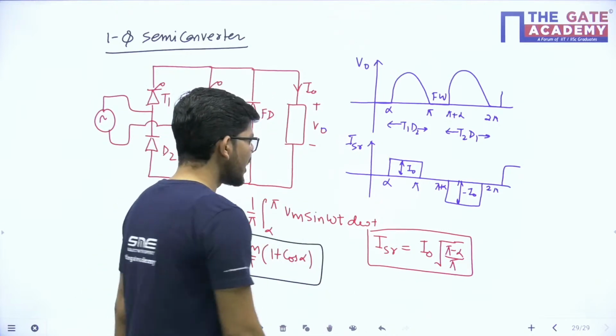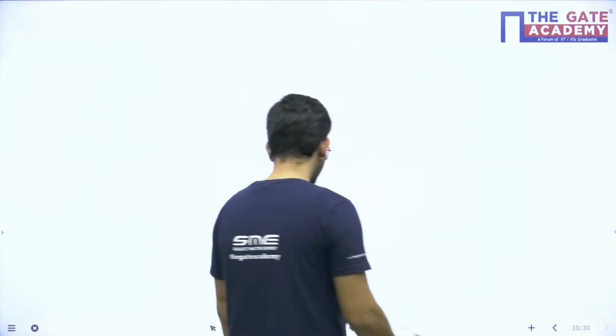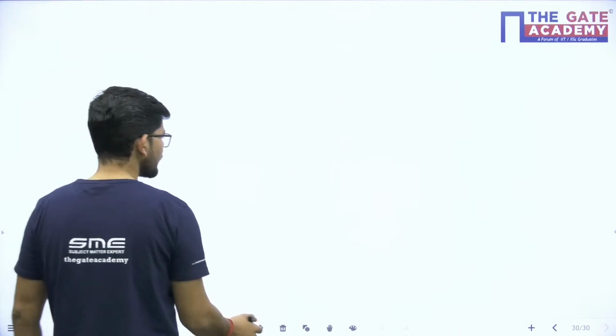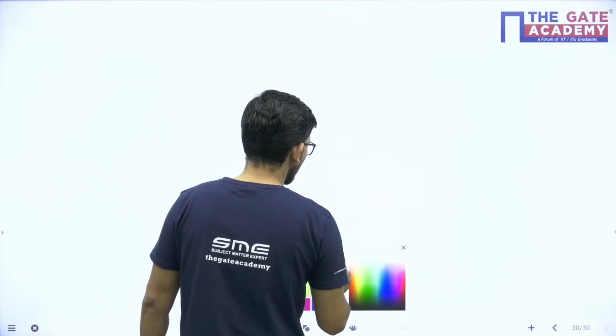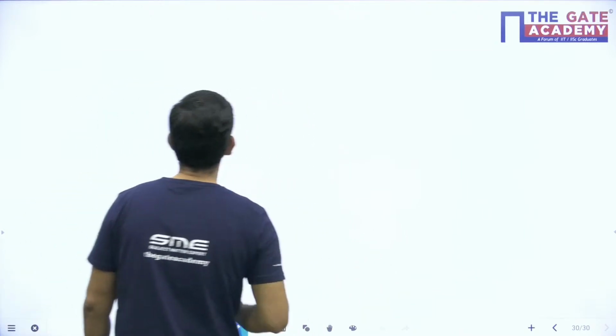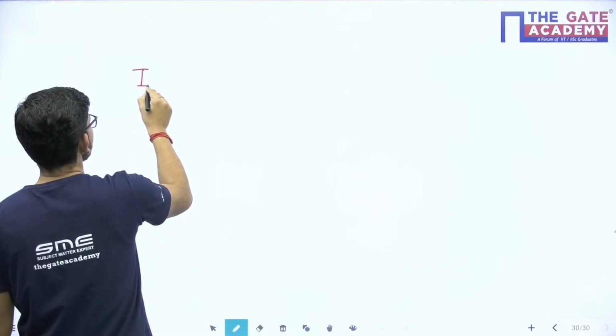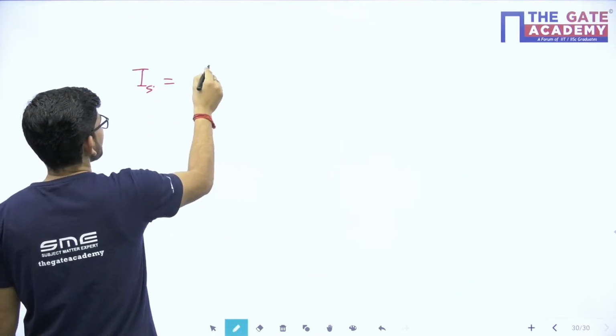Now if I write the Fourier series as we have written in case of single phase full converter, then in case of single phase semi converter, what will be the Fourier series of source current?